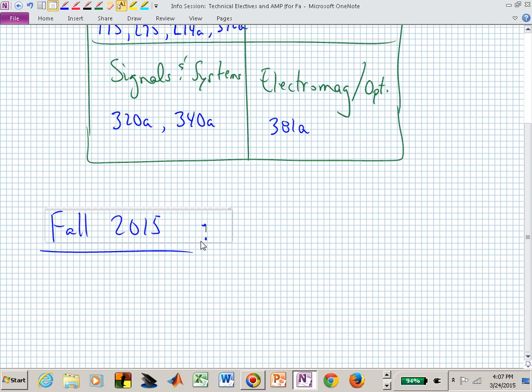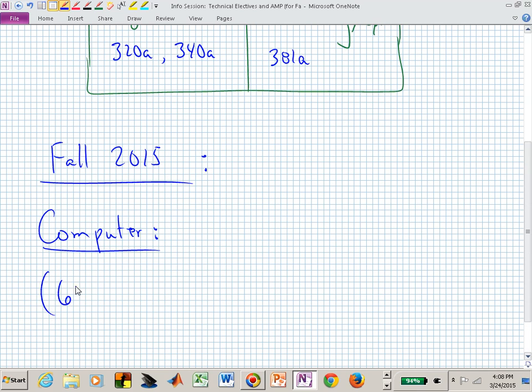So the computer engineering classes are in the 70s and the 60s. If you now have computer-related courses, you might be looking at courses in the 60s and 70s.